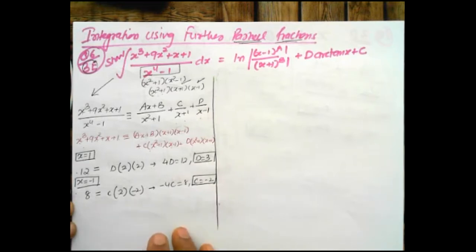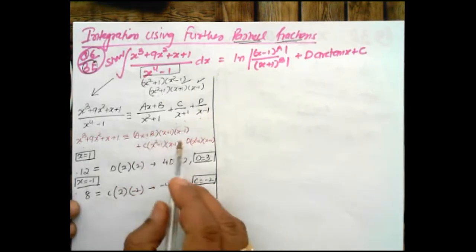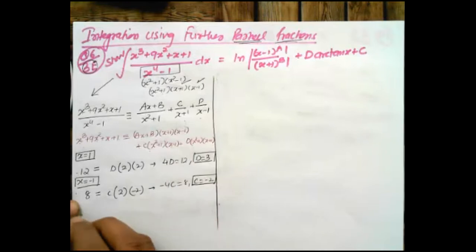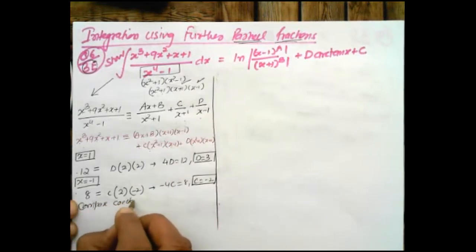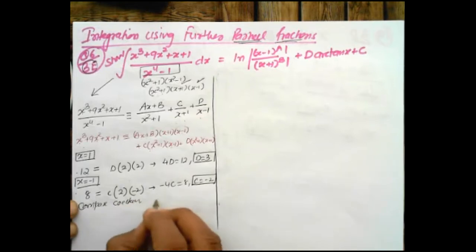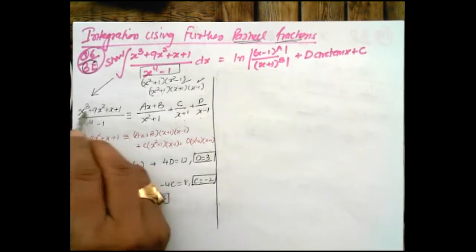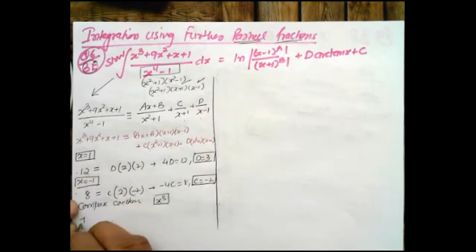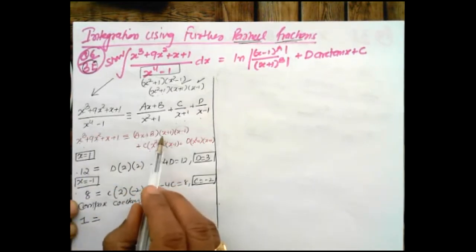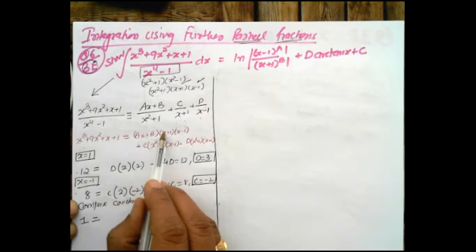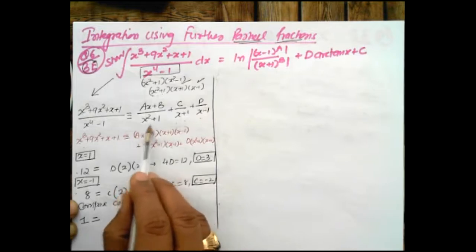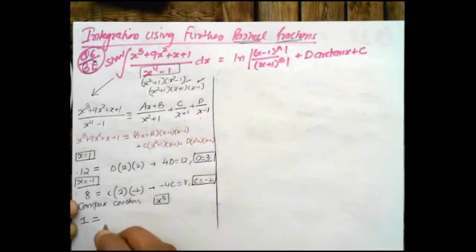Okay, for the third one now, guys, I cannot put any more values to make brackets equal to 0. So what I'm trying to do is compare the coefficients. Let's pick x cubed. The x cubed coefficient on the left side is 1. I'm going to get x cubed from here: ax times x squared is ax cubed, so there'll be a there.